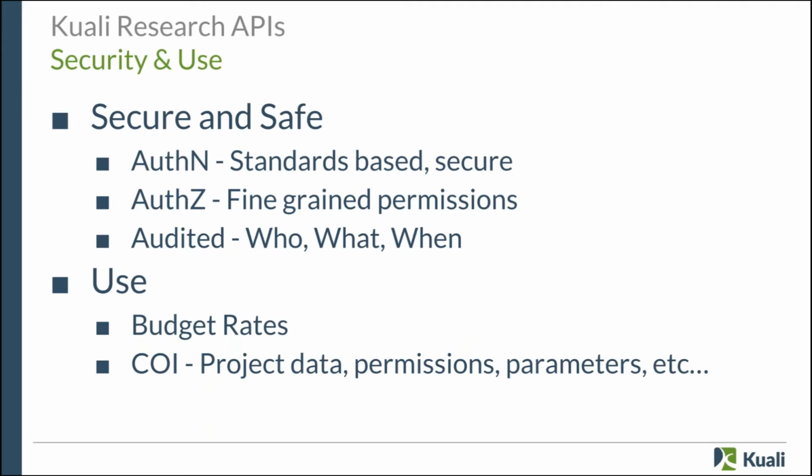So there are APIs in both directions that provide project data, that check permissions within COI against what the identity management system knows a user can do, to check parameters, to get other details about Kuali Research data that really customize the COI experience for our users.